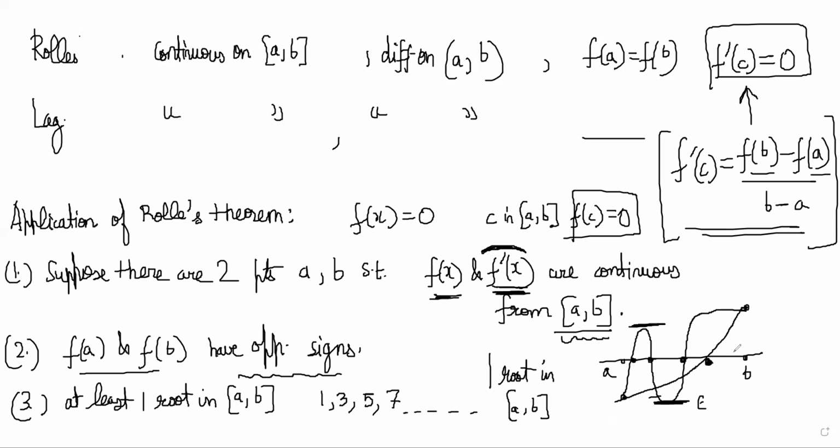However, if it is given that f'(x) is always positive or always negative in that interval, basically that f'(x) is never 0, then you will have only one real root in that interval. So that is your basic theoretical part, which covers increasing, decreasing, and Rolle's and Lagrange's theorem.